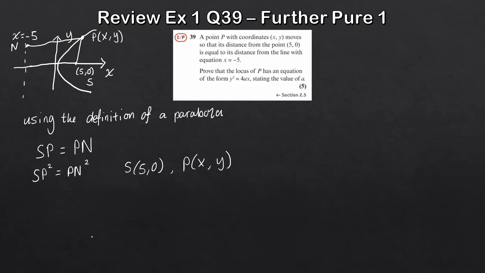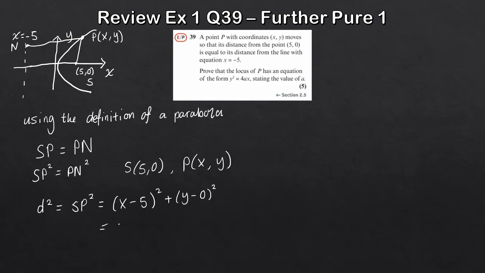Okay, so the distance squared, which is equal to SP squared. Let's use the distance formula now. Well, the distance from S to P, that's going to be x minus 5, so x minus 5 all squared, plus y minus 0 squared, which would just be y squared, obviously.